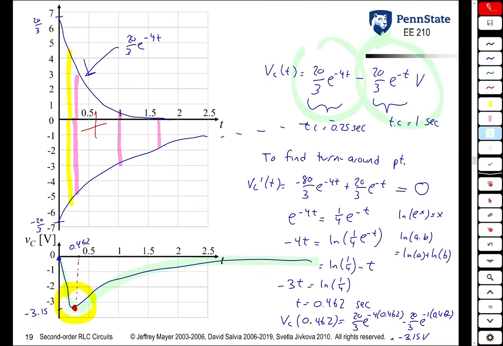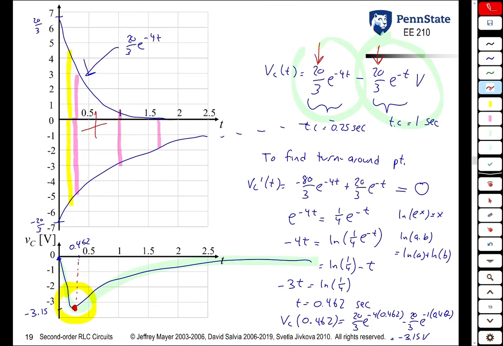Depending upon what these coefficients here were, you could have a situation where it doesn't peak first, that it starts at a maximum value and decays to 0 steadily as a single decay rather than as something that goes in one direction then turns around. It really depends upon the initial conditions.